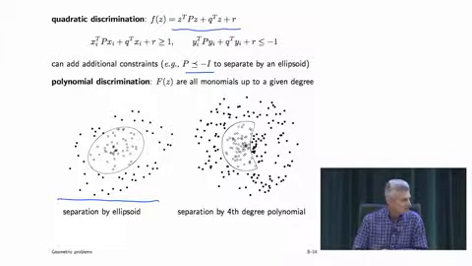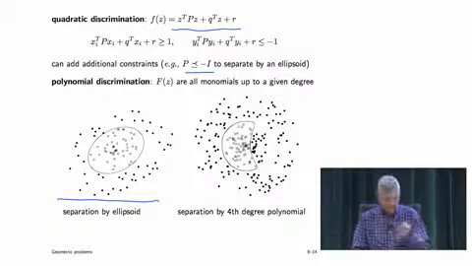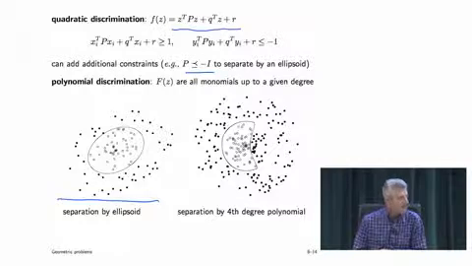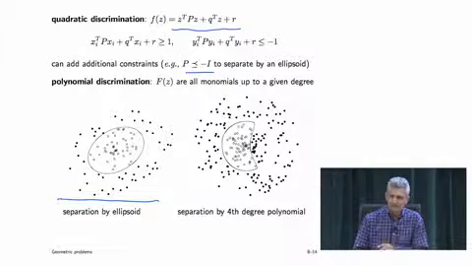You take the two sets of points, and what's the first thing you try to do? You first try to separate them by linear, and you can't, because we're looking at the data. That doesn't work. So now you try quadratic, and you cannot. Then you try cubic, and you can't. And then you try quartic, and you can.